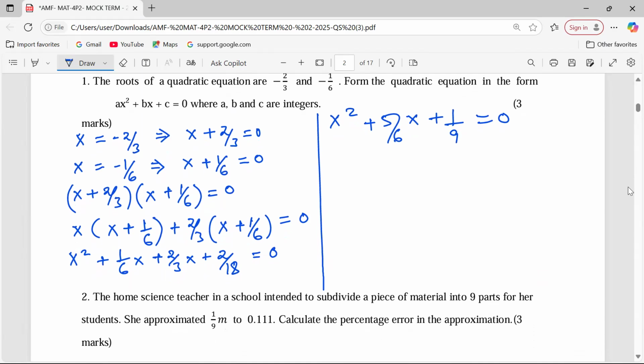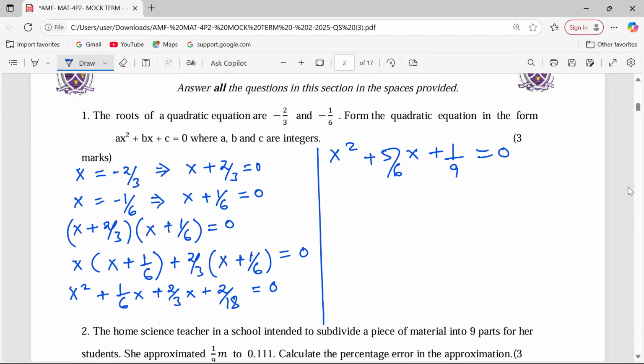At this point again, we can multiply through by the LCM because we are to do away with the denominators. We are told to ensure that the equation is left in the form displayed there, whereby all the constants are integers. For your information, we already have the equation, but now we have to obey the instructions of ensuring that we have integers and not fractions.